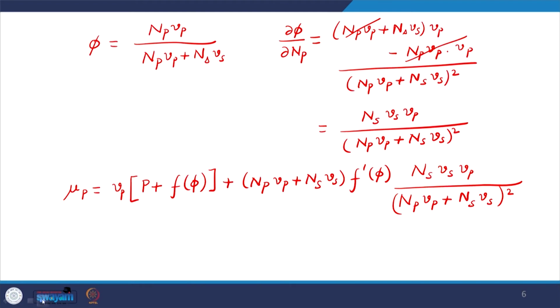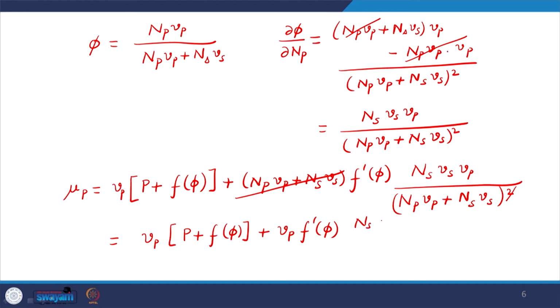So, now again we have certain cancellations, and what we obtained is V_p multiplied with P plus F of phi plus V_p multiplied with F prime phi N_s V_s divided by N_p V_p plus N_s V_s, and you can see that this term is actually equal to 1 minus phi.